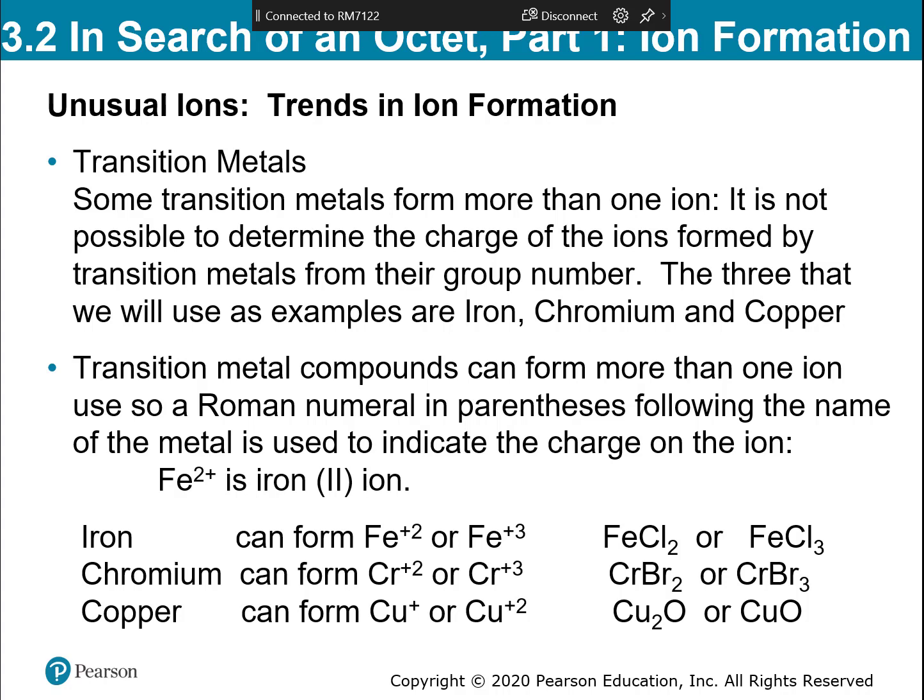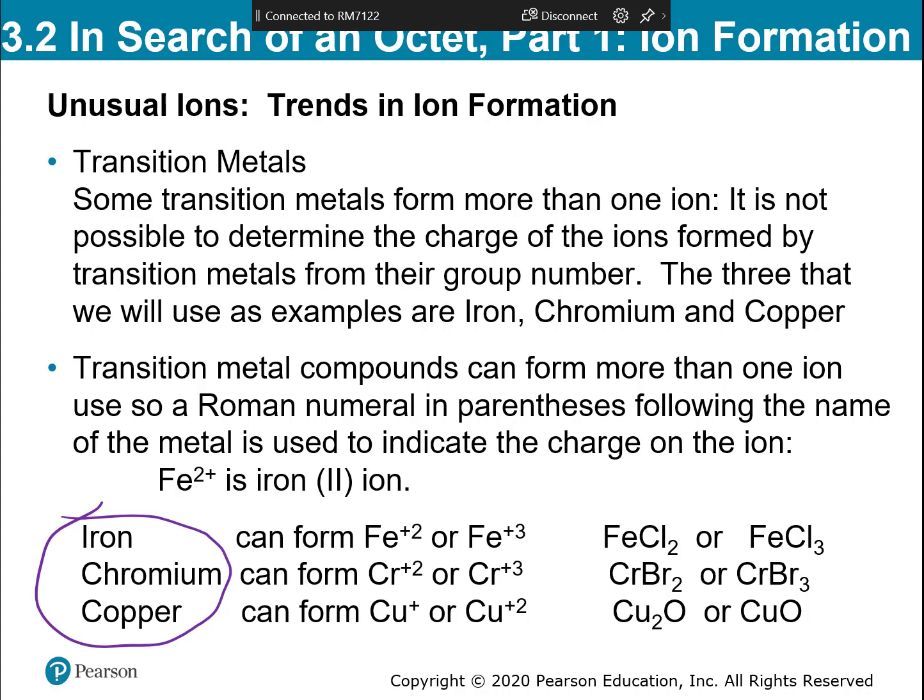The only ones that we're going to worry with are the ones that you might actually see again. So here are the three: iron, chromium, and copper. Iron, chromium, and copper can lose more than a specific number of electrons and create stability.